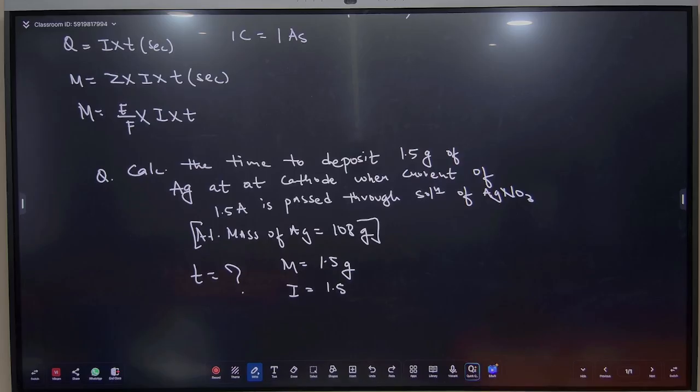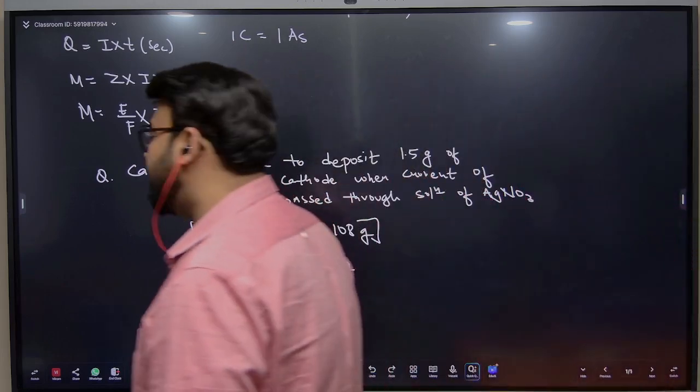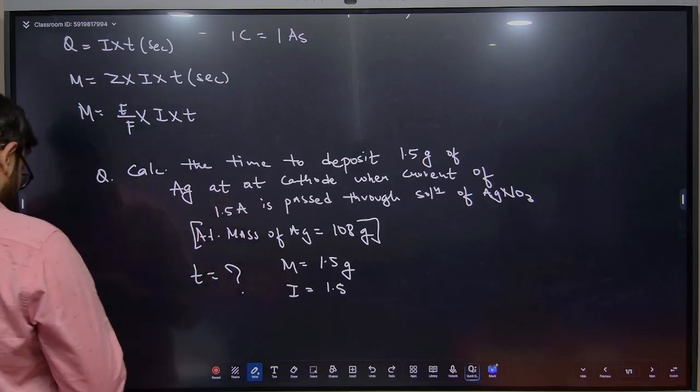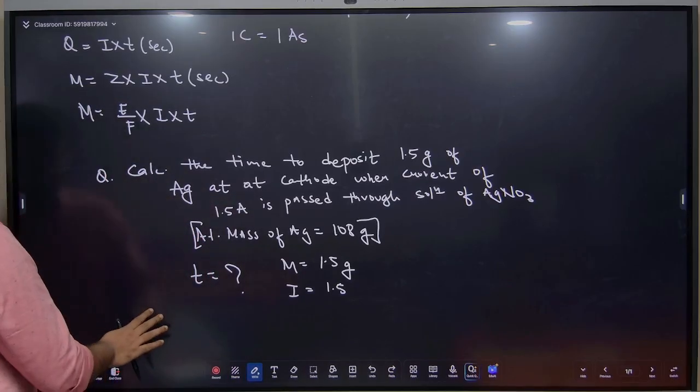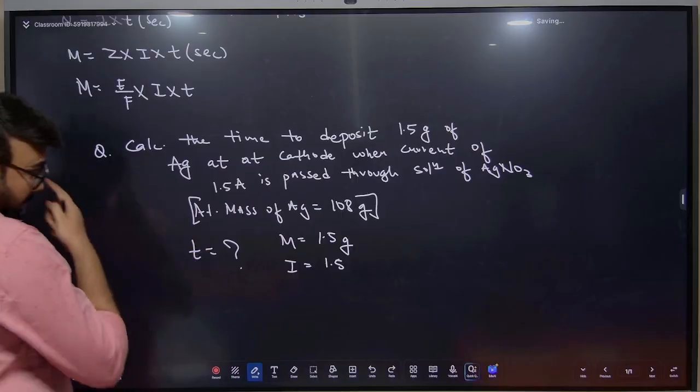If I consider approximation, your answer is right, but I need the exact answer, 14.9 something. Give me in seconds, I told you time should be in seconds. 896 seconds I'm getting. Yes, that's correct.